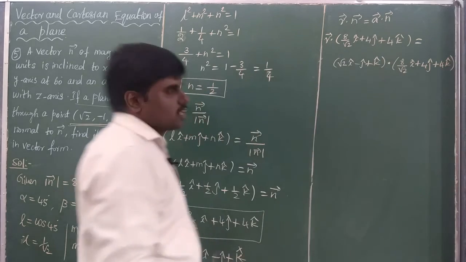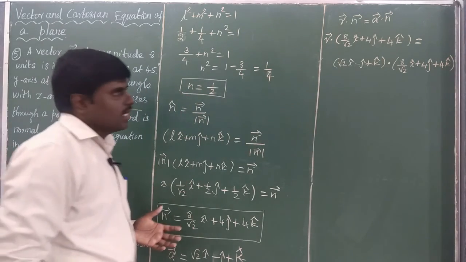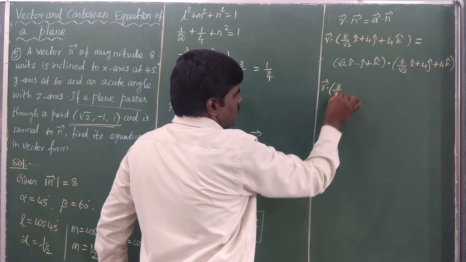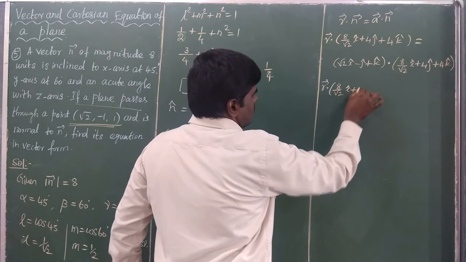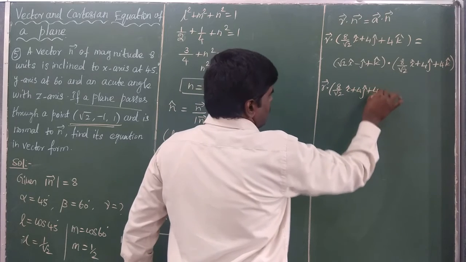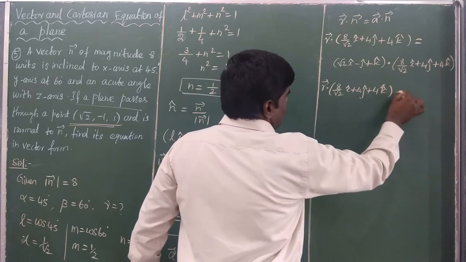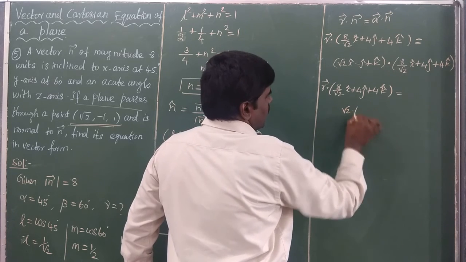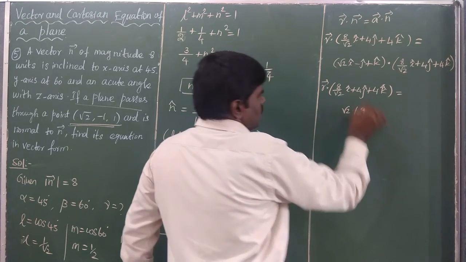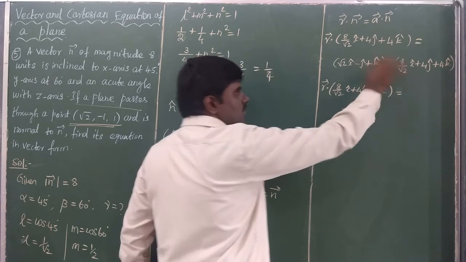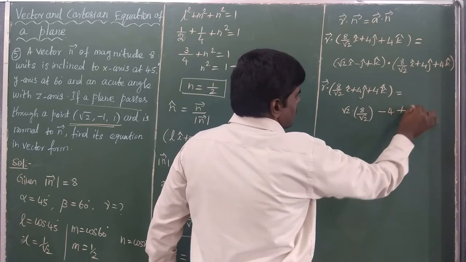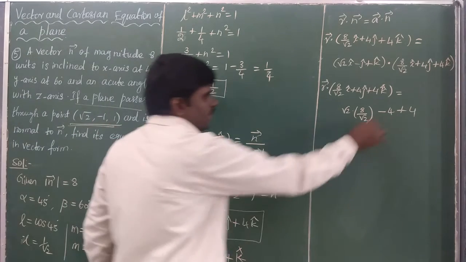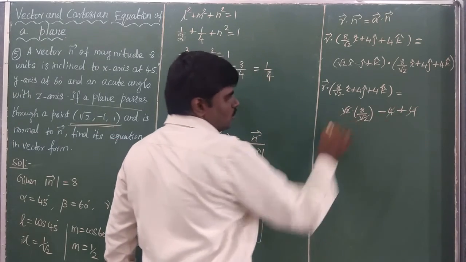Is that clear? Just to simplify, here r vector dot 8 by root 2 i cap plus 4 j cap plus 4 k cap is equal to, simplifying, root 2 into 8 by root 2. That's clear? Again, next minus 4 plus 4. Just simplifying, here plus 4 minus 4 cancel, and root 2 cancels.